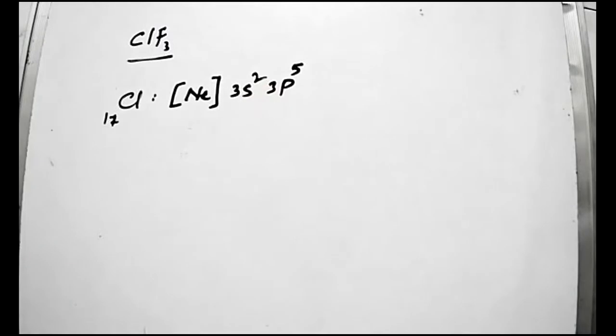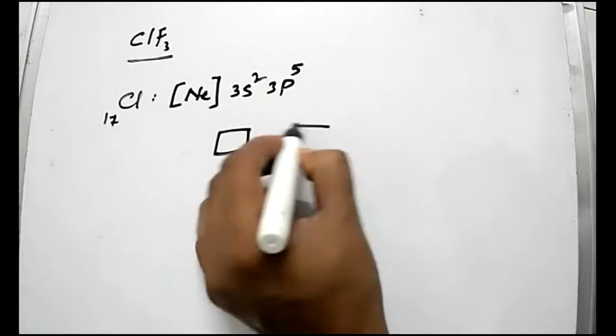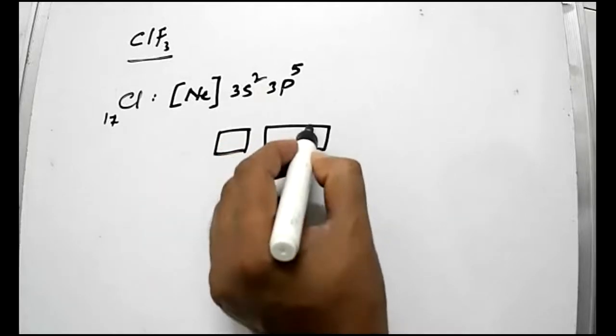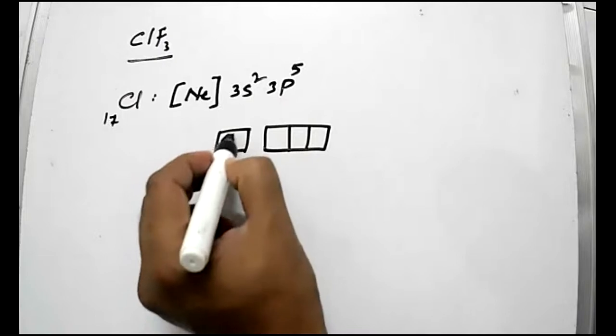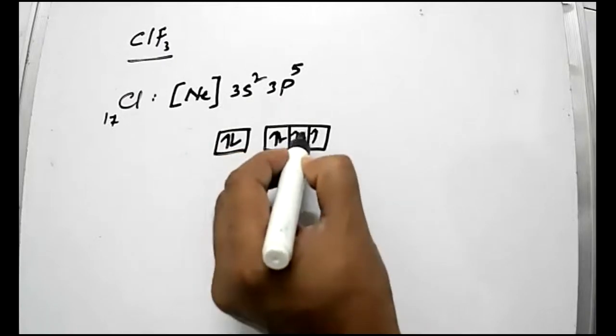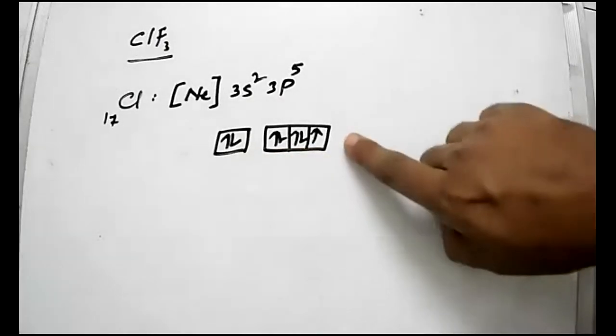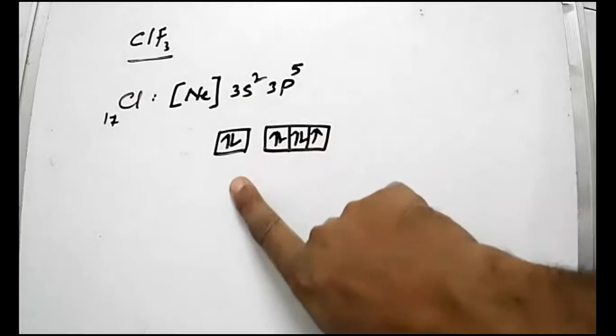So this is the electronic configuration of chlorine. Writing it in boxes is called an orbital diagram. So there are 5 electrons in 3p and 2 electrons in 3s.